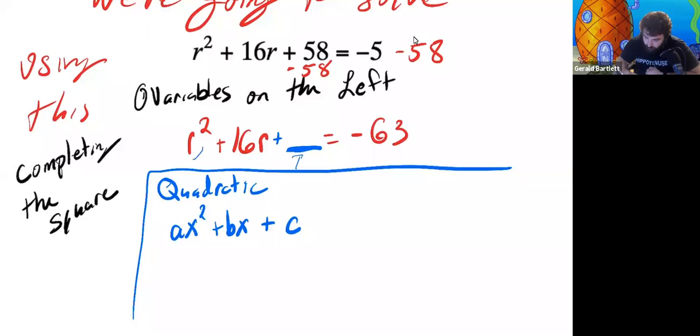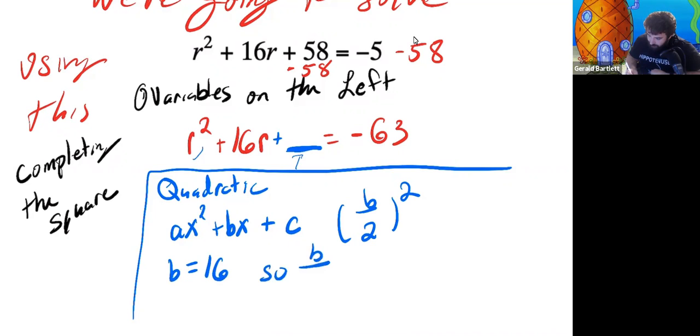And we're going to use a little formula that's negative b divided by 2 squared. I'm going to write negative b divided by 2 squared. So just b divided by 2 squared. In this case, our b is 16.